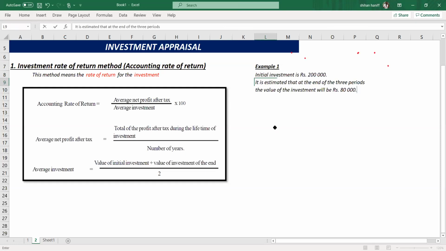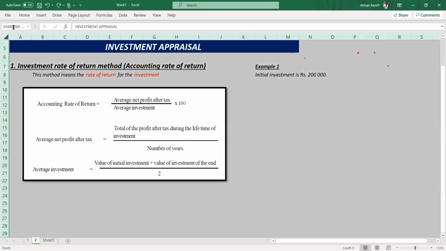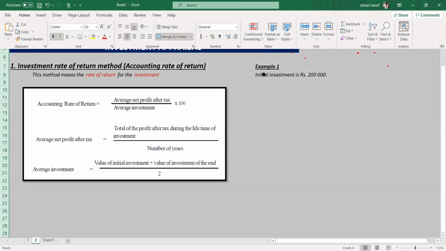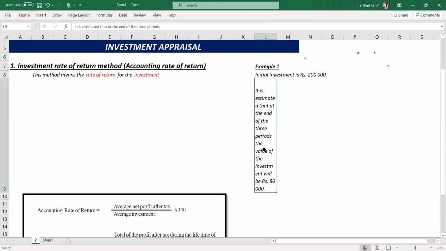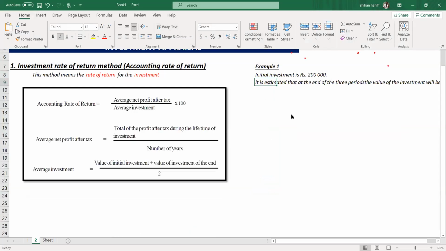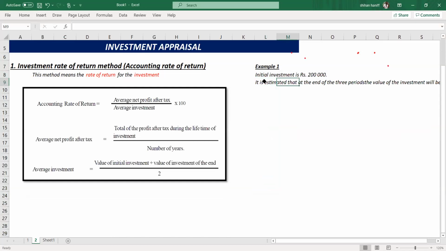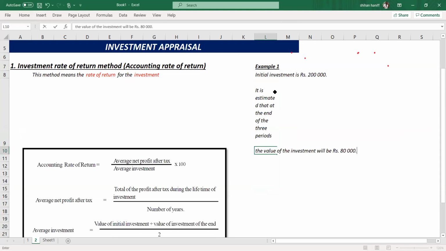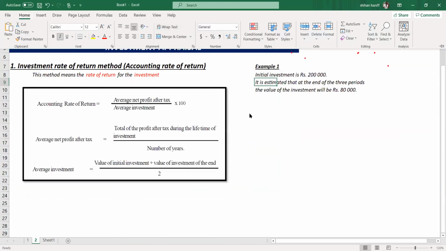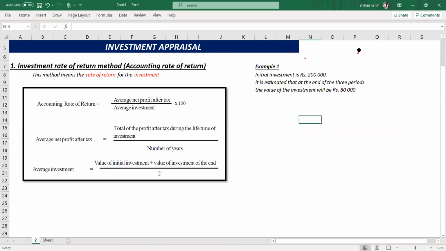Example 1. Initial investment is 200,000. It is estimated that at the end of the 3 periods, the value of the investment will be 80,000.